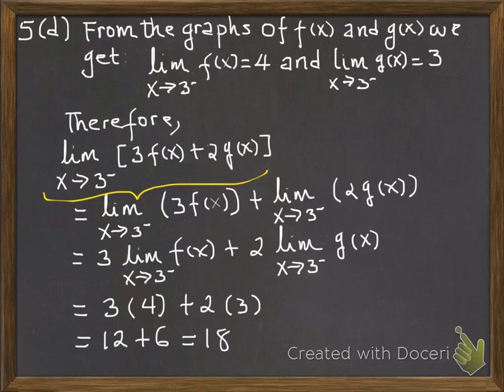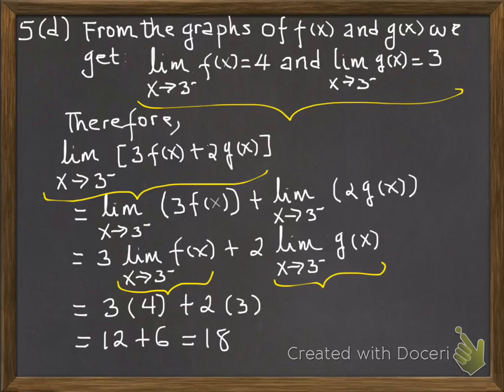Because of this, first we split appropriately using the addition rule, then using constant multiplication we pull out 3, then at this point we compute these two from the graph, which I have done first. Once you make sure that the limit exists, then we plug in the result that we got to get 18.